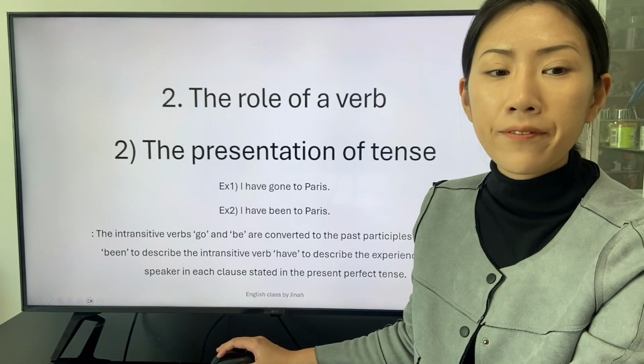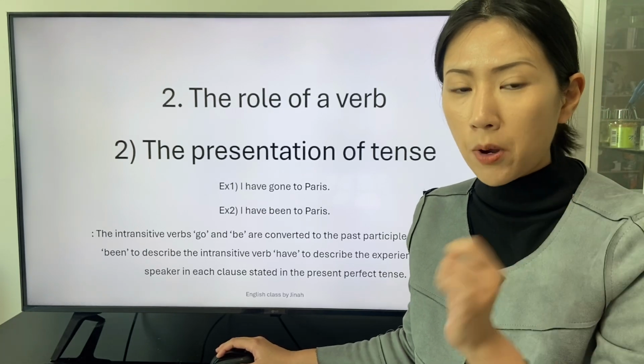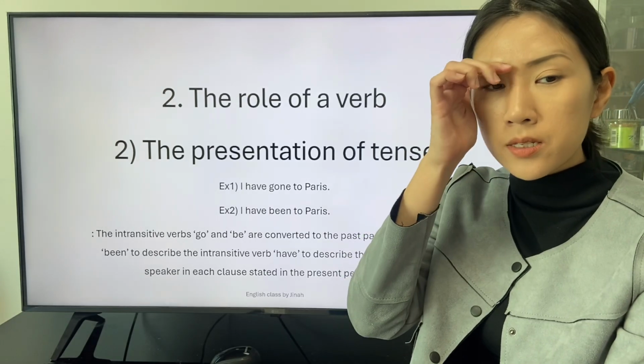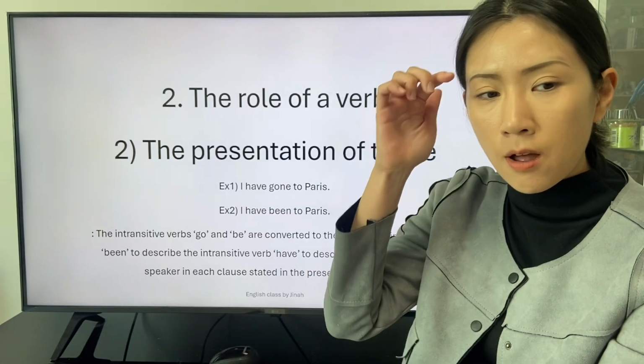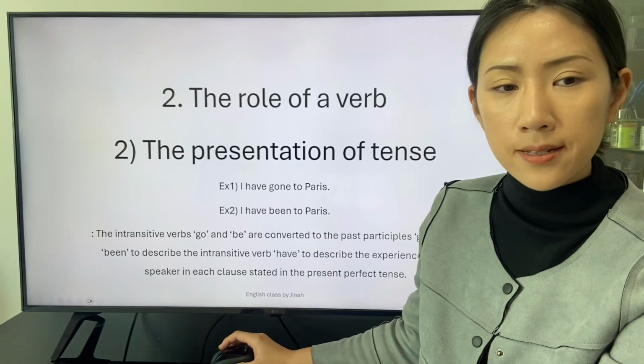The intransitive verbs go and be are converted to the past participles gone and been to describe the verb have, to describe the experience of the speaker in each clause stated in the present perfect tense.